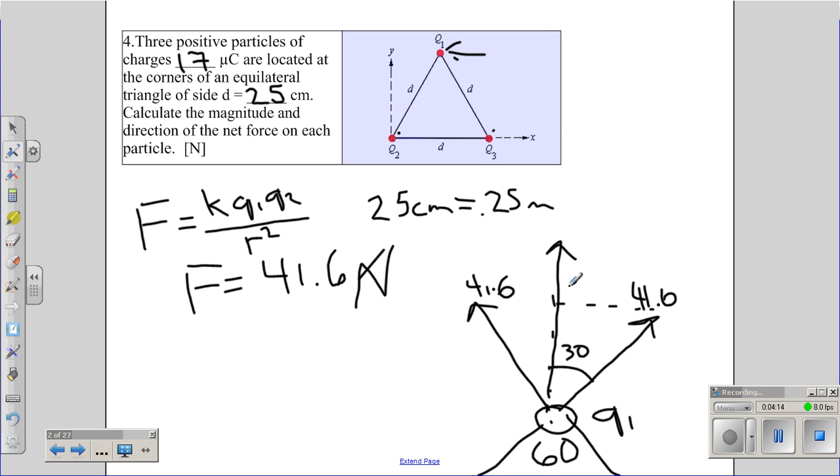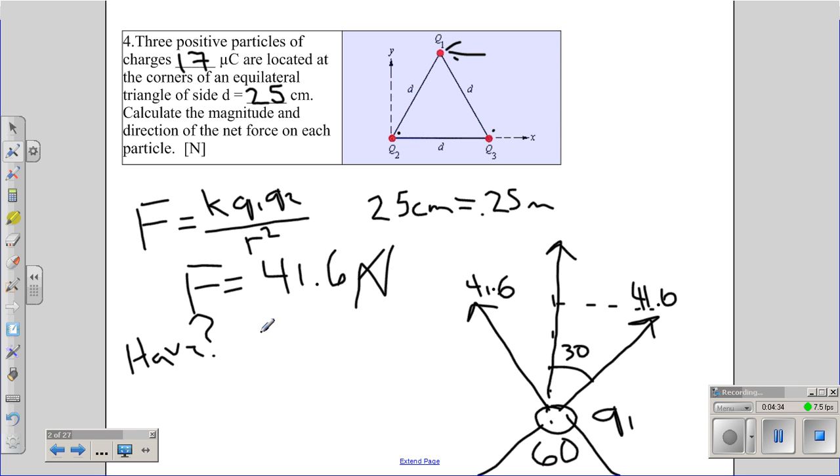Of course, now you're seeing an angle, you're seeing some numbers, you're hearing about resultant force, you're hopefully thinking of trigonometry. So how do we decide if we need sine, cosine, or tangent? Well, think about what you have and what you want. What we have is 41.6.